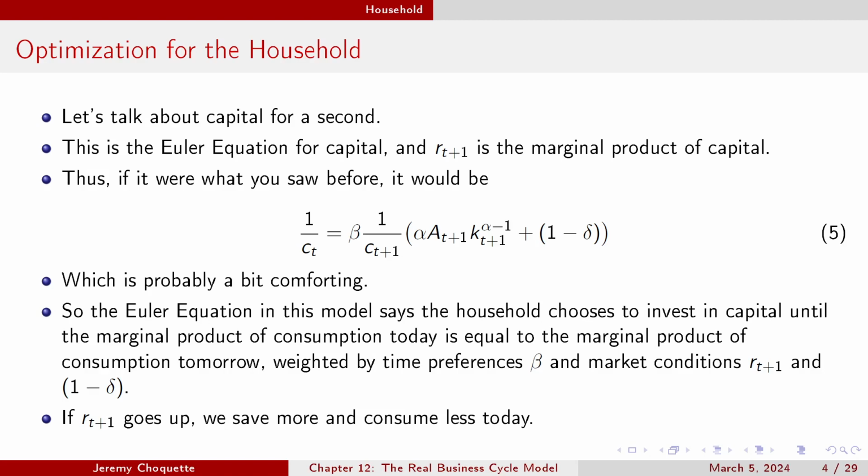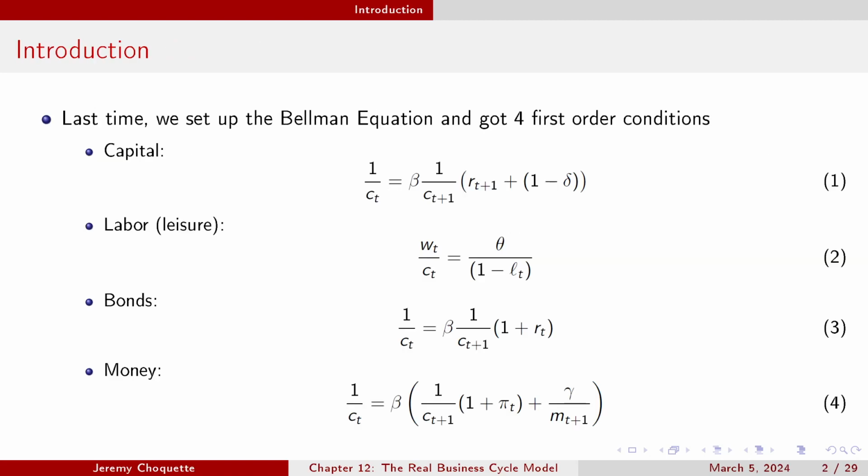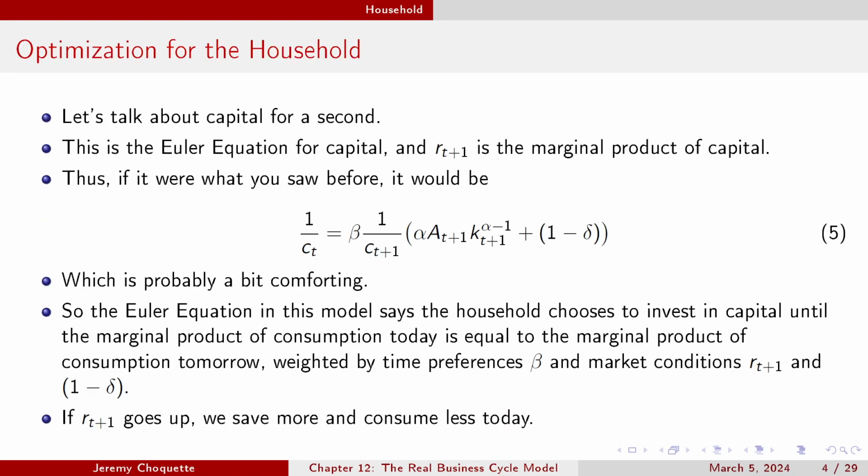So what this is telling me is that if we go back again to equation 1, this is the Euler equation for capital. This is the Euler equation for capital in the neoclassical growth model.